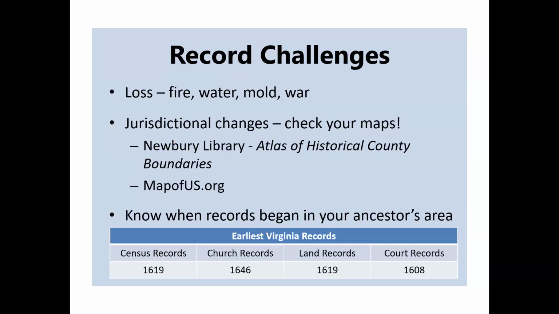Also, you might want to use the map of us.org. In some situations, especially in Virginia, your areas are not even a county, they are an independent city. It's one of the unique things about researching in Virginia.